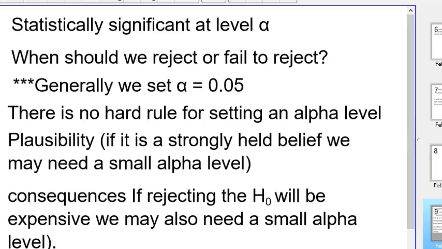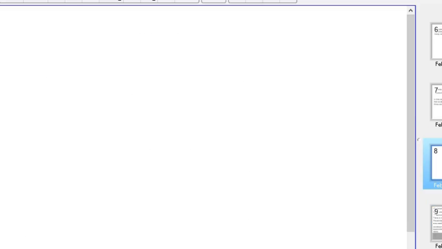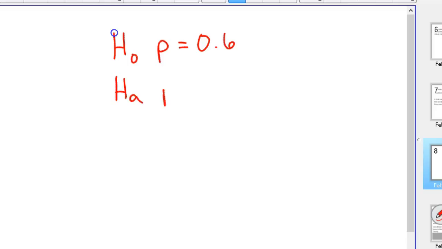So let's put all of this together. We had a null hypothesis, p of 0.6. We had an alternate hypothesis of p being less than 0.6.